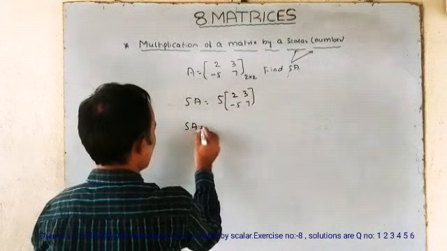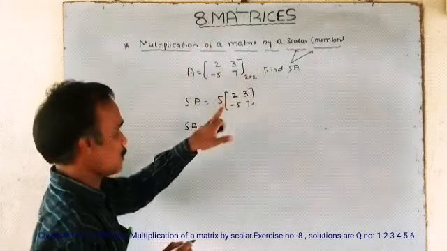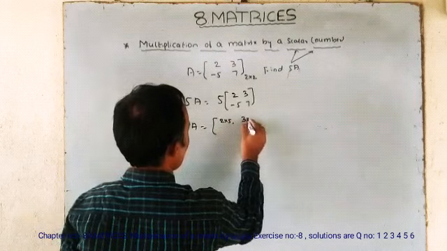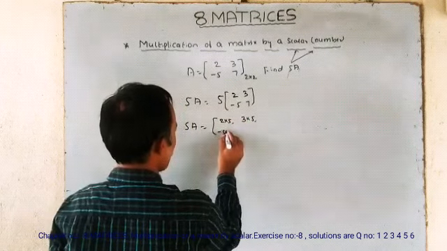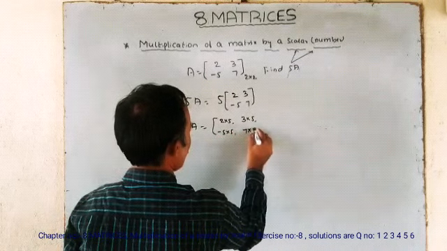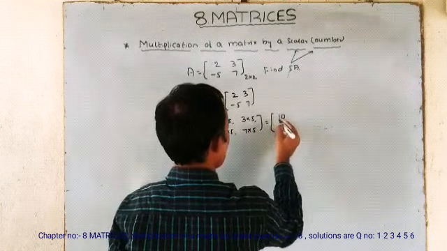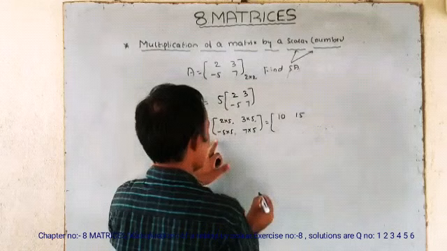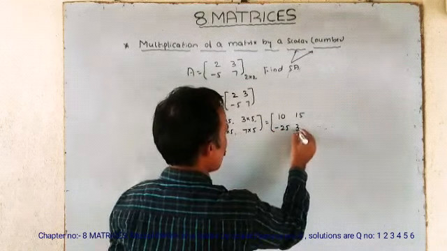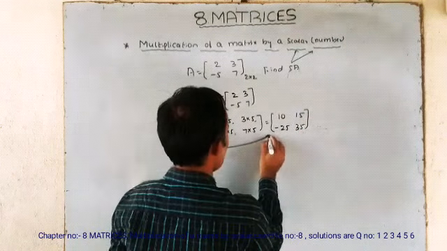You should multiply all the elements by 5, that is 2 into 5, 3 into 5, minus 5 into 5, 7 into 5. So this is equal to 10, 15, minus 25, 35. So this is the value of 5A.